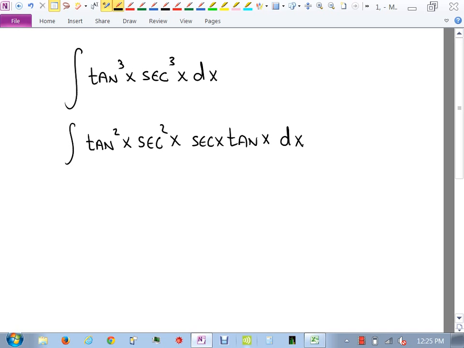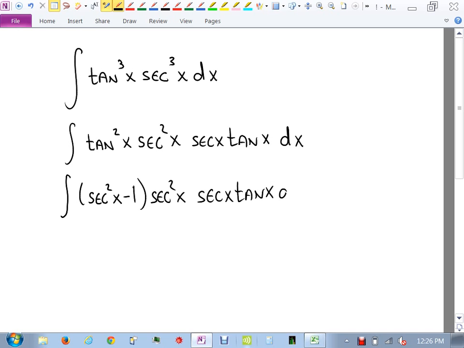So if I can get everything else to be secants, I'll be in business. But I have a formula for tangent squared. Tangent squared is secant squared x minus 1, times secant squared x times secant x tangent x dx.